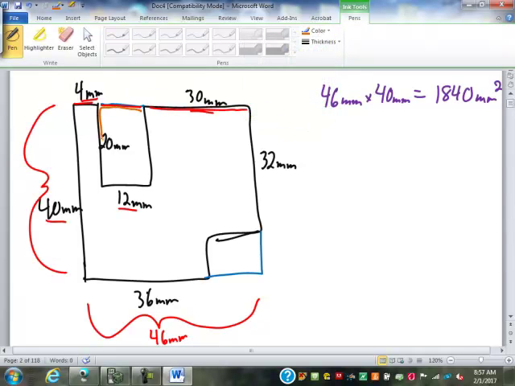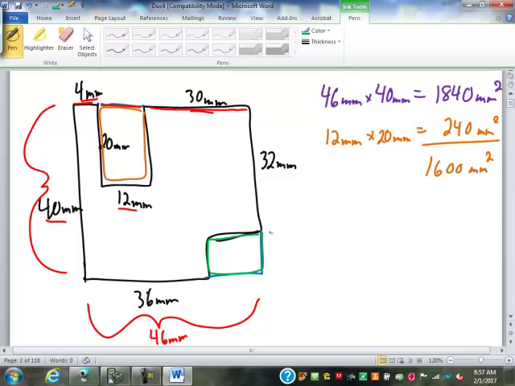Now, this piece is easy to subtract out. What size is that? 20 by 12, 12 by 20, however you want to look at it. So that's 240. So now we're down to 1,600. This piece is a little trickier. What's this dimension right here got to be? 8 millimeters. Because this is 40 all the way across.